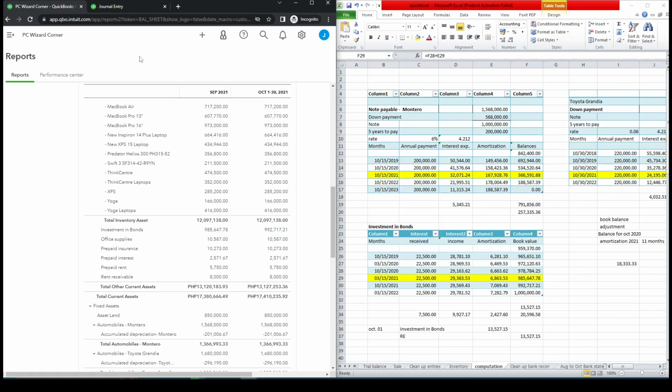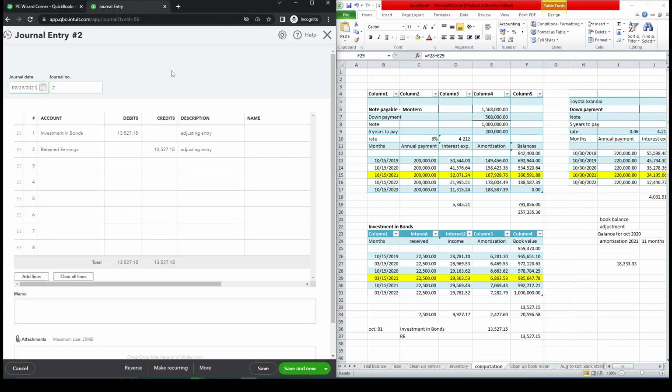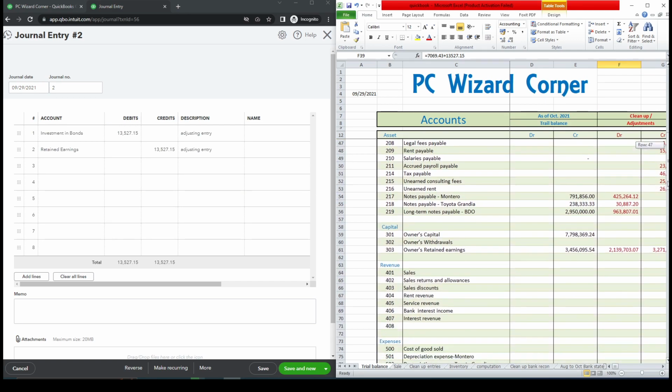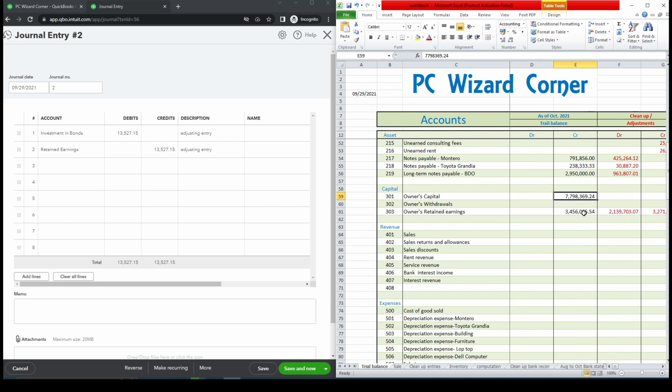But I should date the journal entry October so that I can get the total balance of the equity account equal to the trial balance, this one, 11,254,000. So I will date this October 1 instead of September. Then I will save this one, save and close.